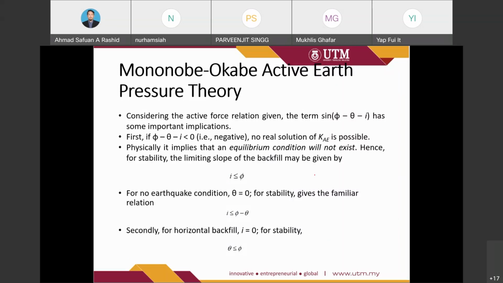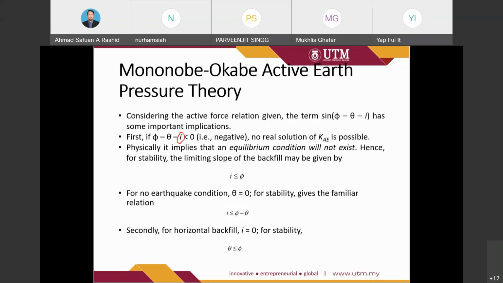For stability, the limiting slope of the backfill is given by I should be less than phi. It means that the slope of the backfill should not be greater than the phi value. In order to ensure that this part is not negative, we need to control the I.